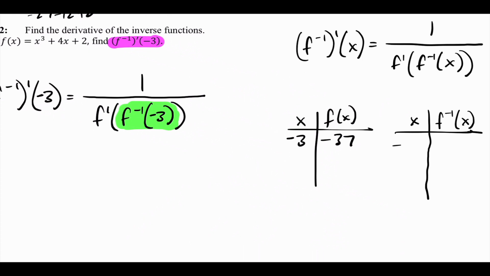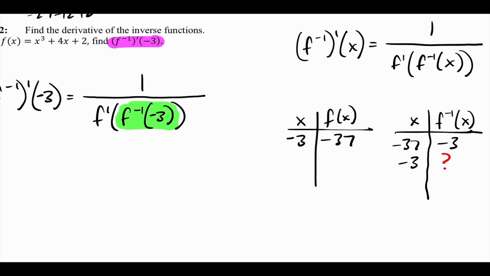Negative 37, comma, negative 3, right? Because that's what inverses do. They flip. So what I need to do now is figure out when I plug in negative 3 here, what do I get here? That's what I need to figure out.